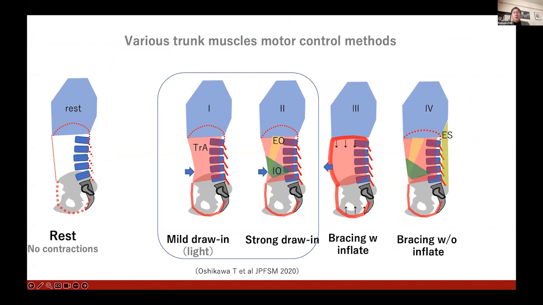There are various contraction styles of the trunk muscles: mild draw-in, in which only TRA is contracted; strong draw-in, in which the abdomen is strongly pulled in; and bracing, in which the trunk muscles are strongly contracted to form the trunk. I think these contraction modes should be used in different situations, like shifting gears in a bicycle.